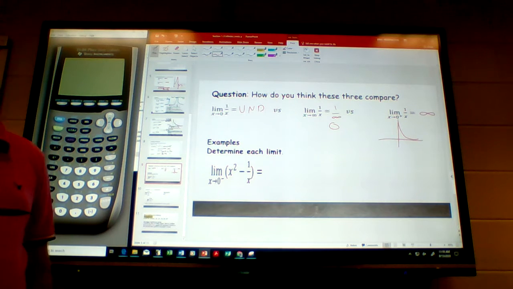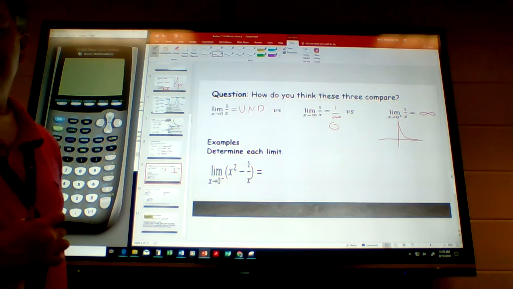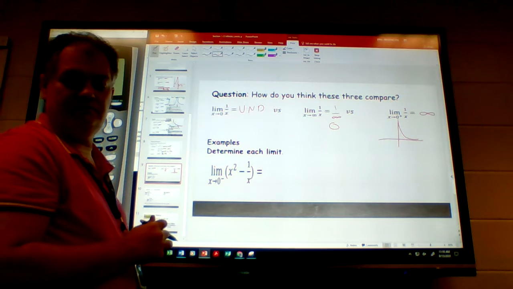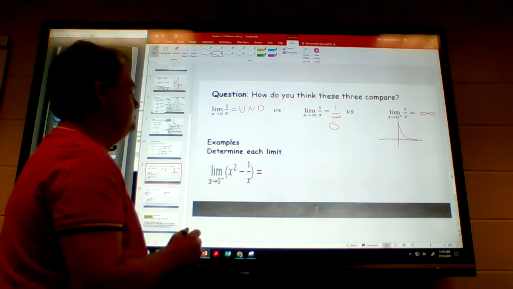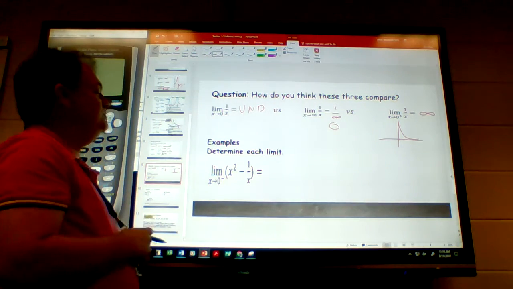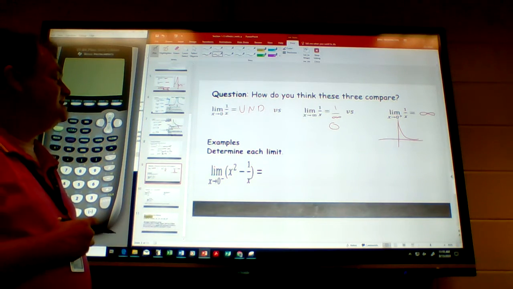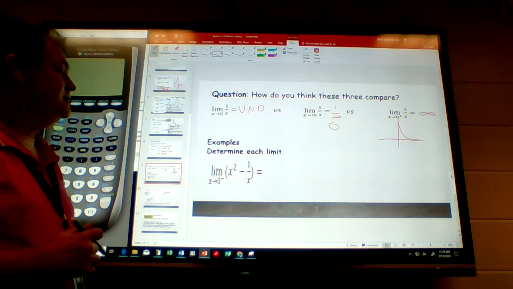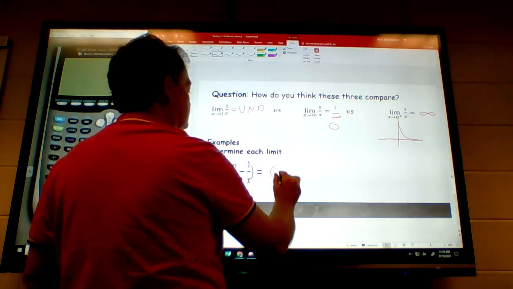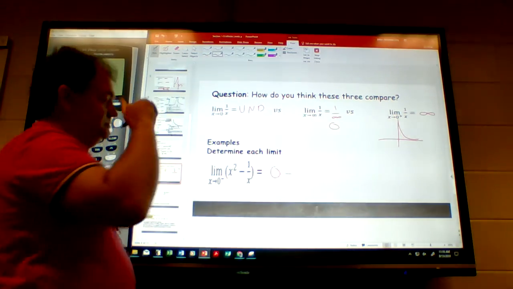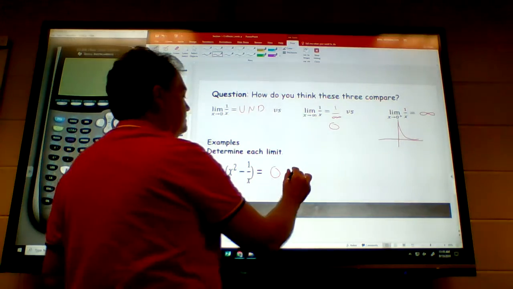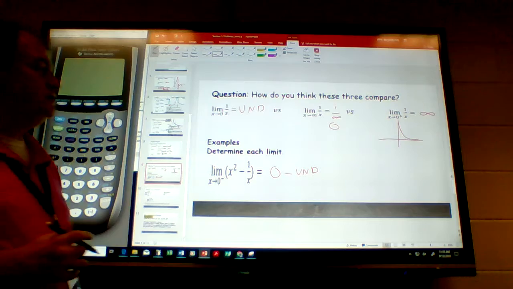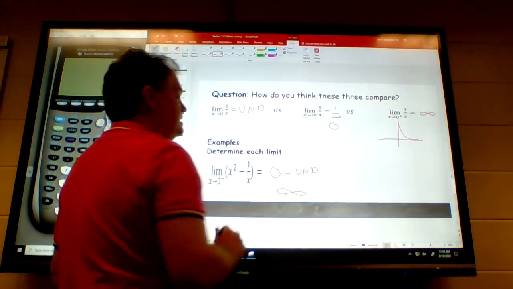All right, now, let's do a couple more examples, because we have the limit of x squared minus 1 over x as x approaches 0 from the negative side. Well, it's going to be 0 minus undefined, which in turn is going to just give us infinity.